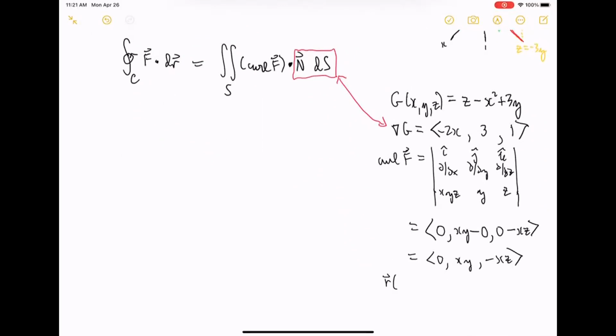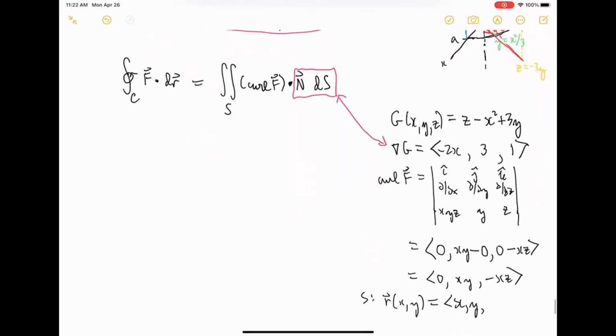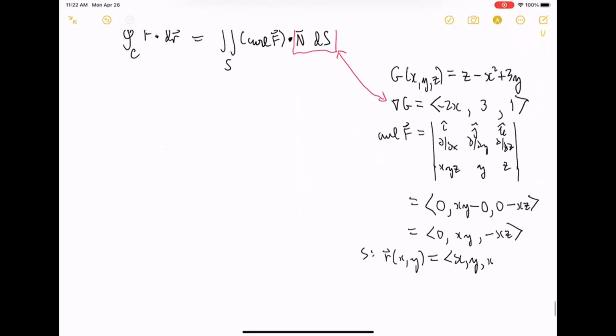To get on the surface, I just let z be equal to what it's equal to in terms of x and y. So r of xy equals x, y, and what? What's z? Yeah, it's just x squared minus 3y, exactly right.